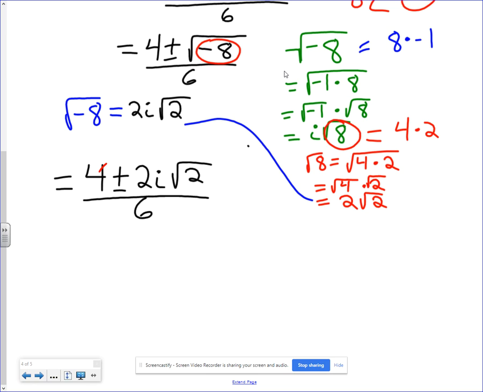So 4 divided by 2 is 2. 2 divided by 2 is 1. We cannot do it with the 2 under the square root. 6 divided by 2 is 3. So our solution to this one is going to be 2 plus or minus i square root of 2 over 3.